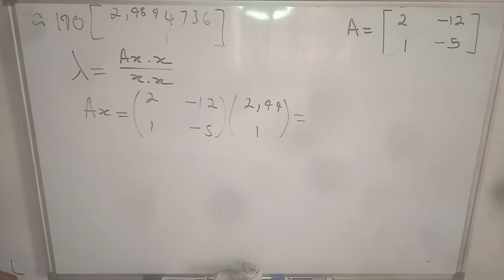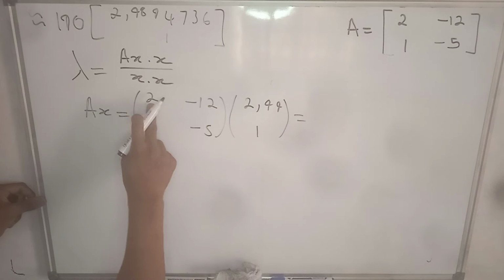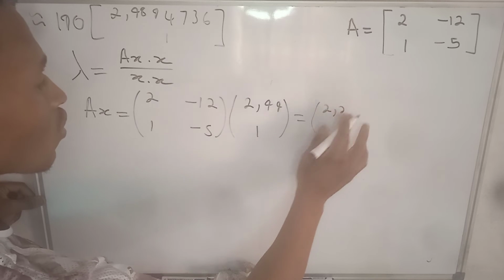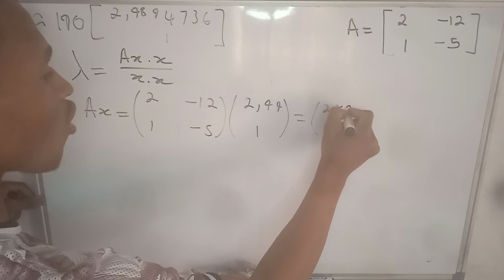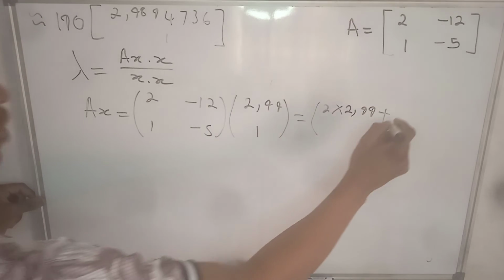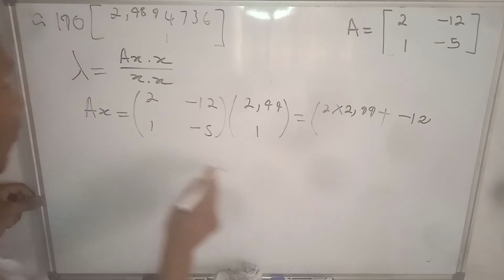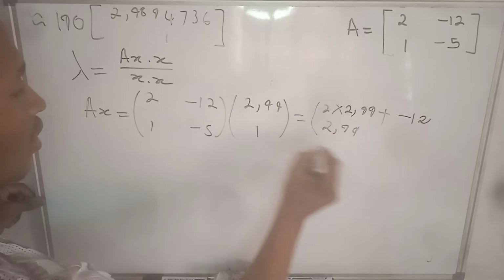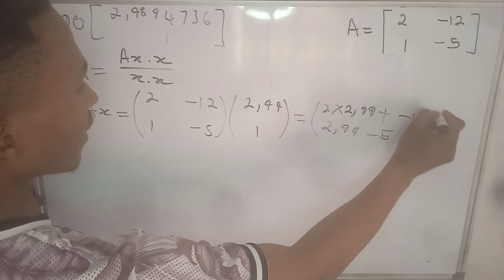So I will do the same thing that I did. 2 times 2.99 plus minus 12 times 1. 1 times 2.99 minus 5, like that.